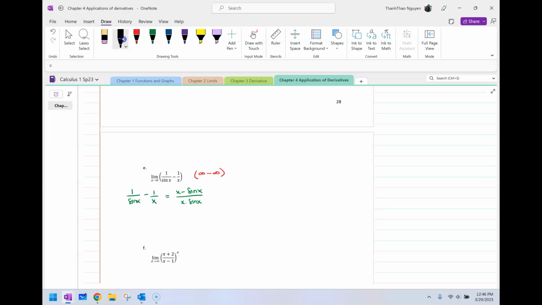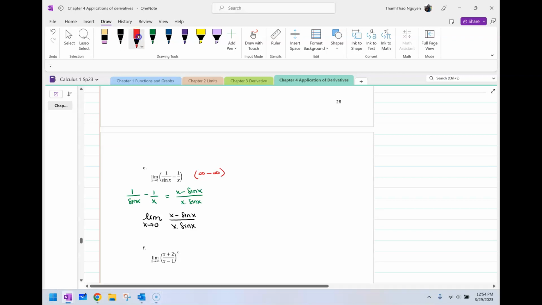So we rewrite this as the limit as x approaches 0 of x minus sine of x divided by x times sine of x. So we are now back to the indeterminate form of 0 over 0.